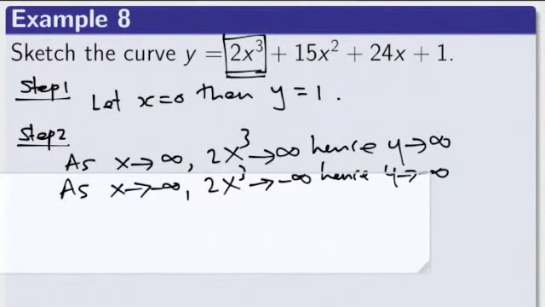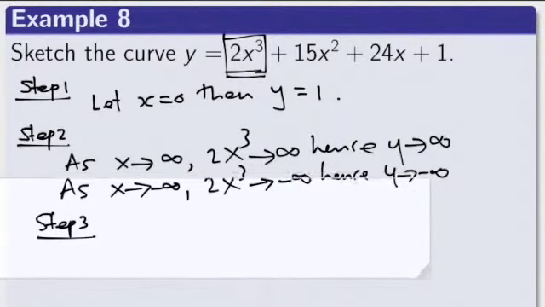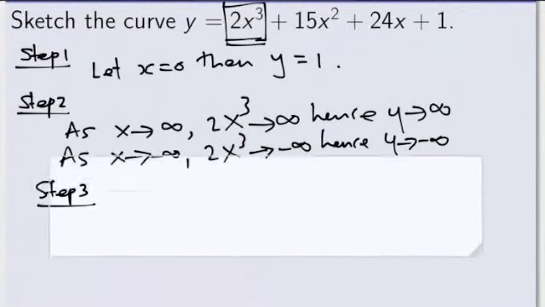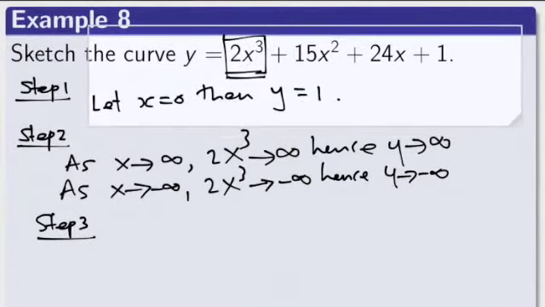So in step 3, we want to determine any asymptotes. To determine any asymptotes, we need to look for values of x that make y undefined.